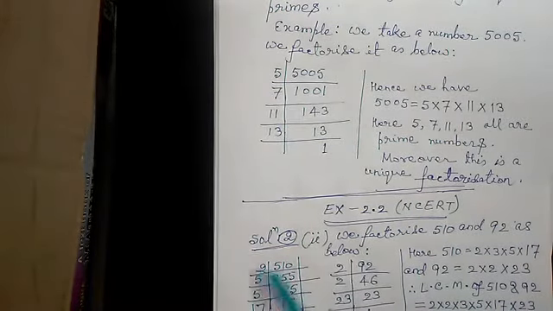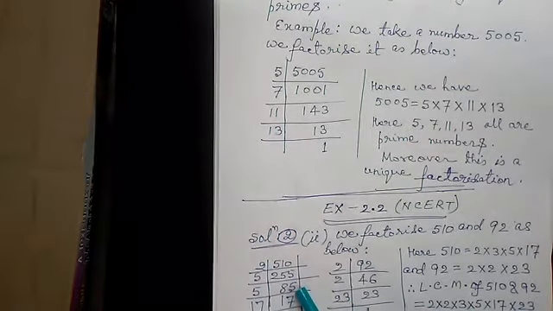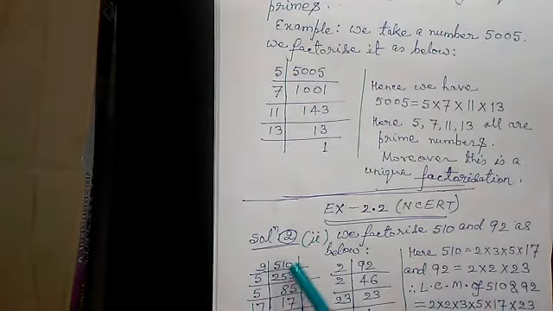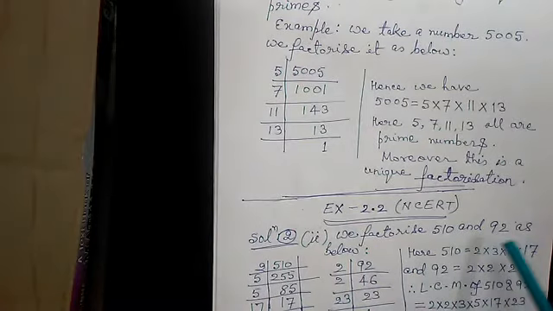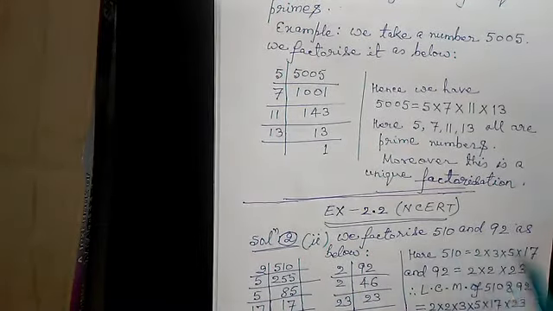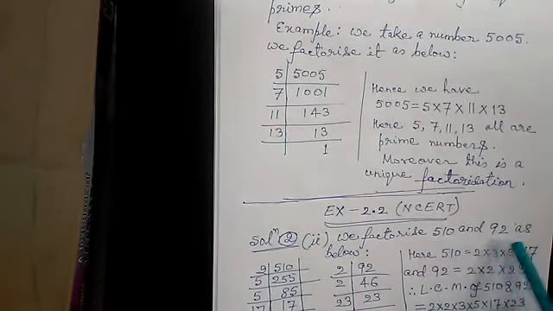For 510, here is the factorization: first divide by 2, then divide by 5, and then 17. Okay, this is the factorization of 510, and the second number is 92. You have to find the HCF and LCM of both 510 and 92.